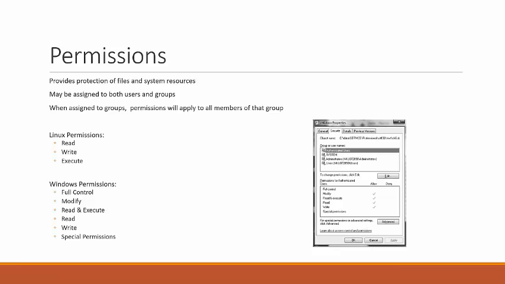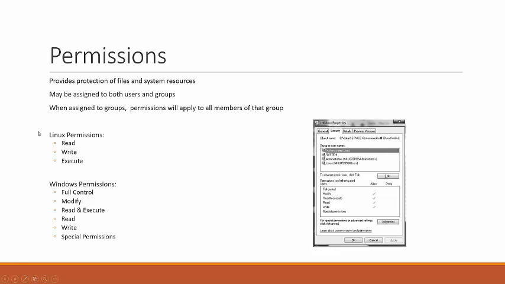And that controls who is allowed to access or what they're allowed to do with that document if they're allowed to access it. So key point, permissions may be assigned to users, groups, or both. And really make sure you understand this. When you assign permissions to groups, that automatically gets applied to the members of that group. It's really the whole purpose behind it. Now, Windows and Linux both make use of permissions, but they do it slightly differently.